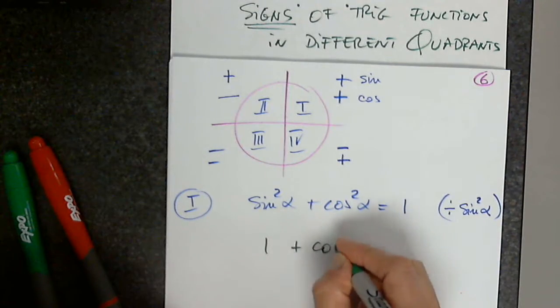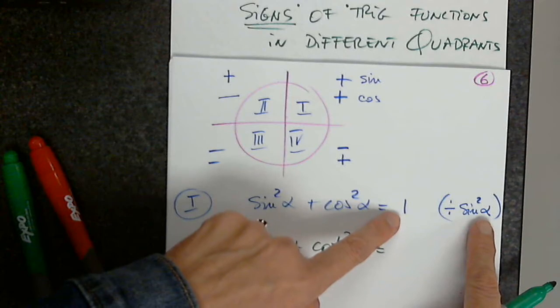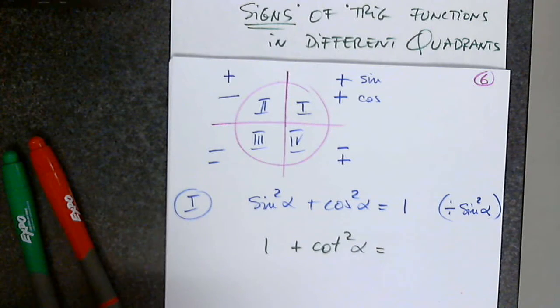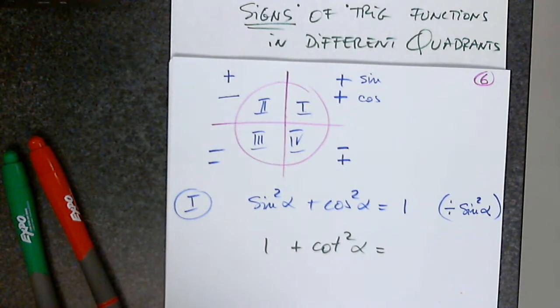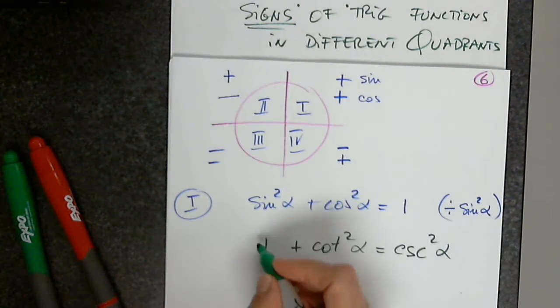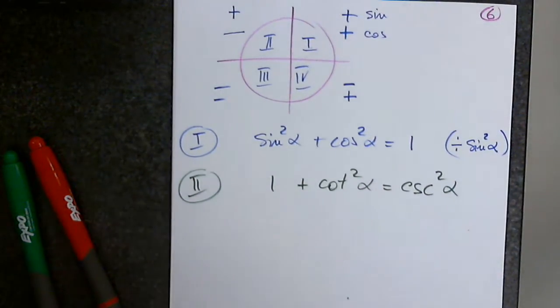Very good. Cotangent squared. Perfect. And how much is 1 over sine squared? One? No, 1 divided by. Yes. Which function is 1 over sine? Cosecant. Very good. So this is the second super important trig identity. Fundamental.